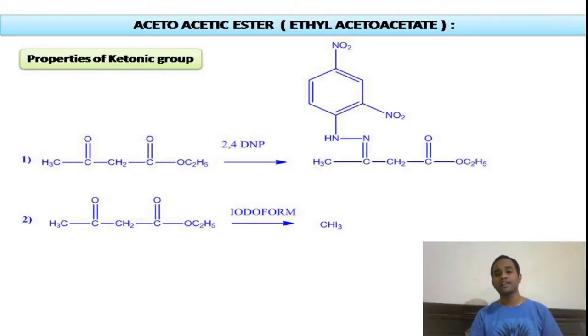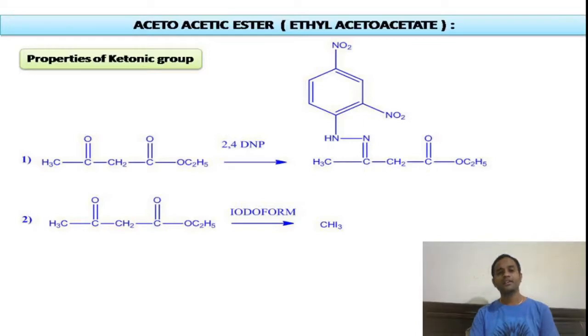In the laboratory, we generally use this test for identification of a carbonyl group in a given compound, right? The compound formed is called the 2,4-dinitrophenylhydrazone of acetoacetic ester. This is an orange red colored compound, right?